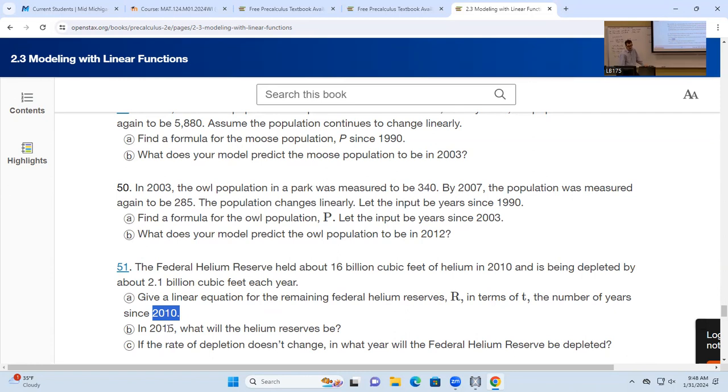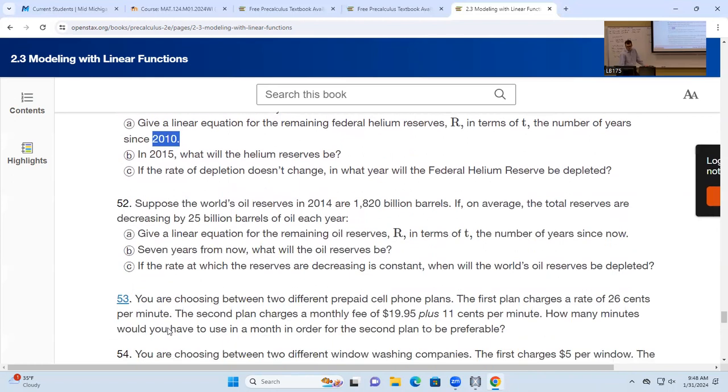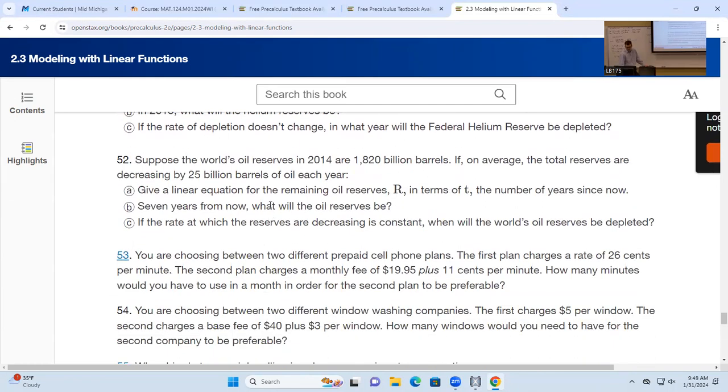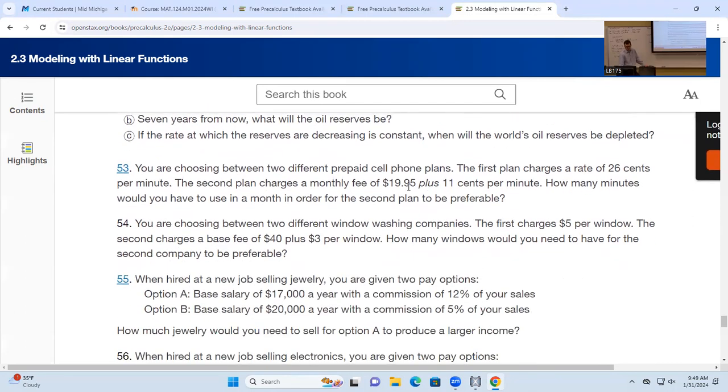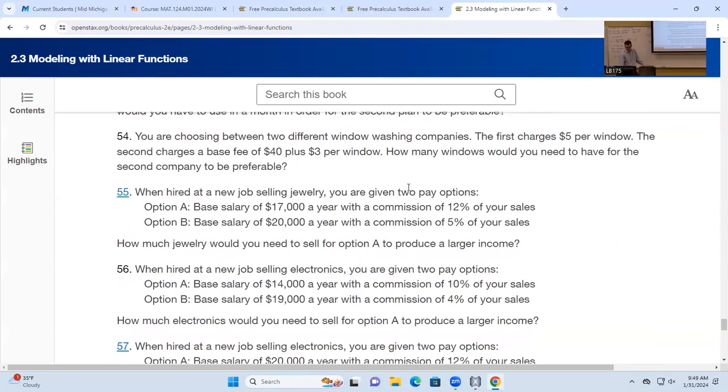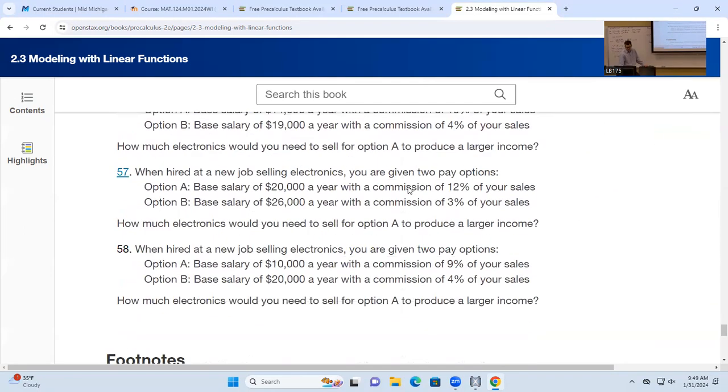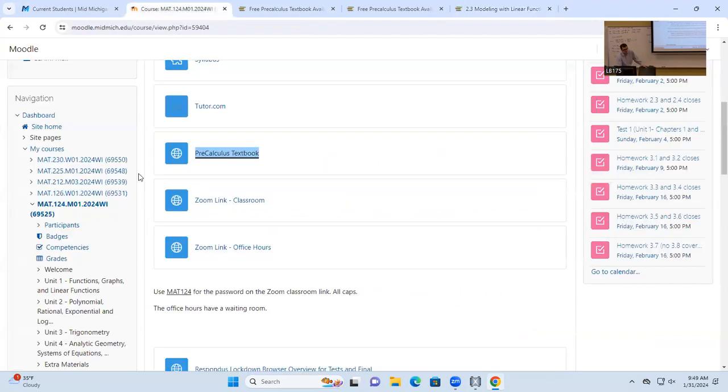And then 2015 would be time of 5. So just be really careful about that kind of thing. T is the number of years since now. All right. I don't know why now, that's weird phrasing. So I just wanted to point that out, okay?